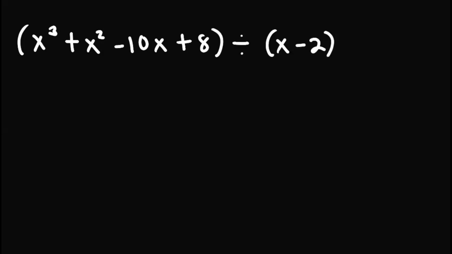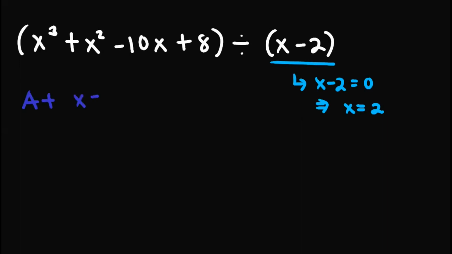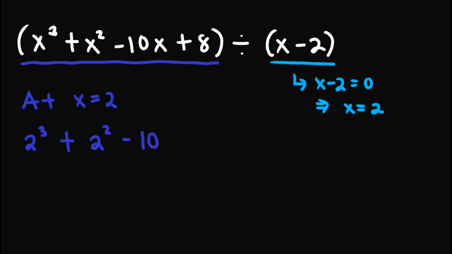Again, applying the same idea from a while ago, we'll have x minus 2 equals 0, which would give us x equals 2. So, at x equals 2, this becomes 2 cubed plus 2 squared minus 10 times 2 plus 8.